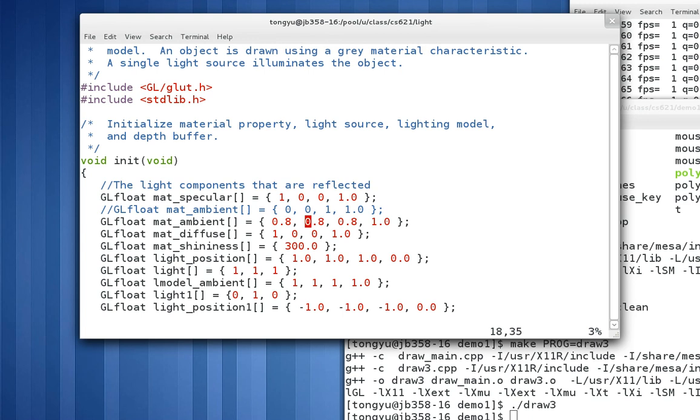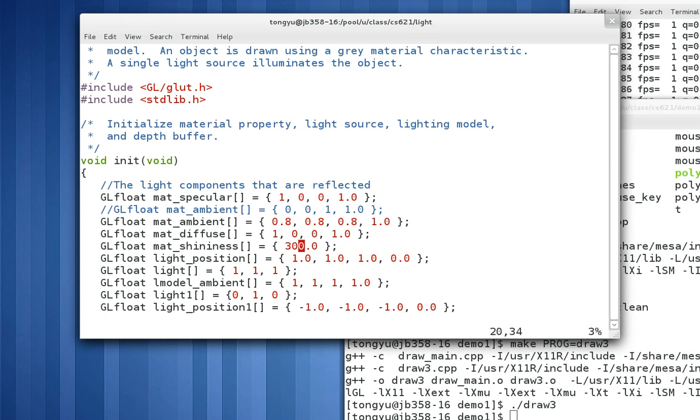we have the red, green, blue components all the same. And the diffuse is also only red. Remember that the red component of a light interacts with red material, and the green component interacts with green light only, and so on. Okay.